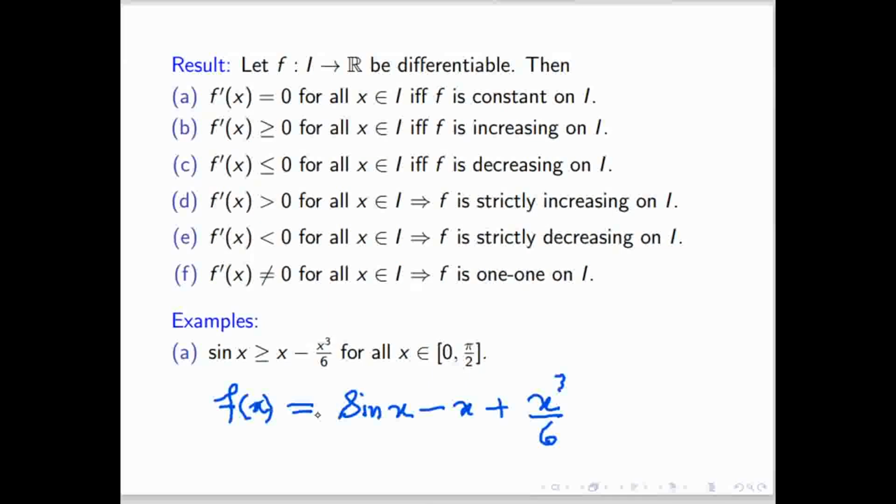What we have to prove is that this is greater than or equal to 0. That means we have to show that this function f of x is an increasing function. So how to show that the function is greater than or equal to 0?